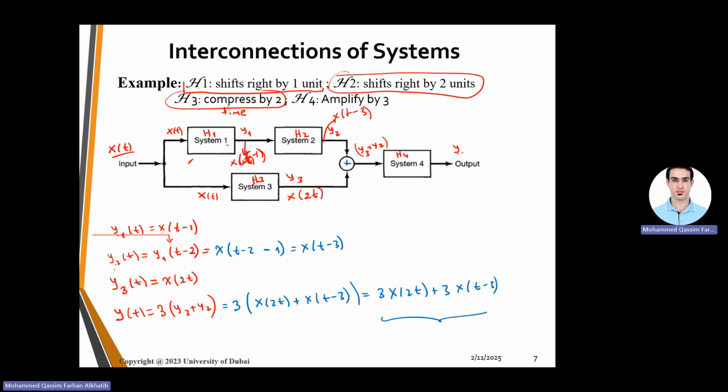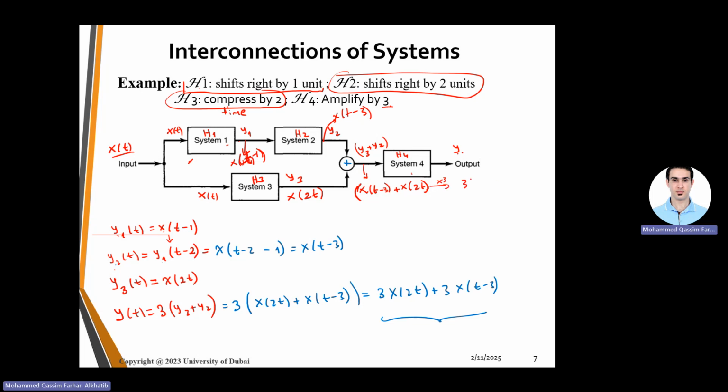So it compressed by 2, then H4 amplifies by 3. When you say amplify by 3, you multiply the output. So here I have x of t minus 3 plus x of 2t, and both of them are applied to the system. The system is amplifying by 3, so it's going to be multiplied by 3.